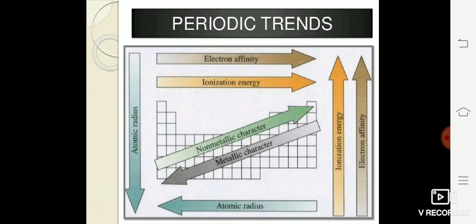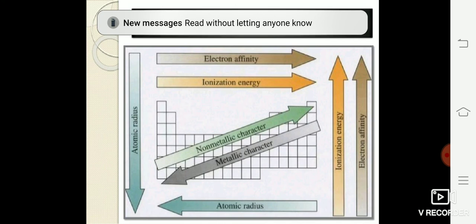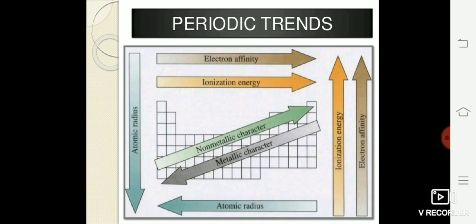To summarize this, when you move from top to bottom, atomic size increases, atomic radii increases, ionization energy decreases, metallic character increases, non-metallic character decreases, electron affinity decreases, electronegativity decreases, and across a period, that is vice versa.